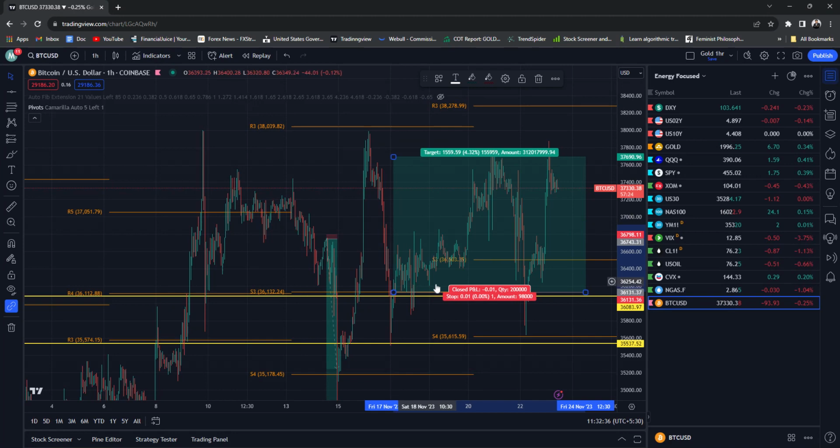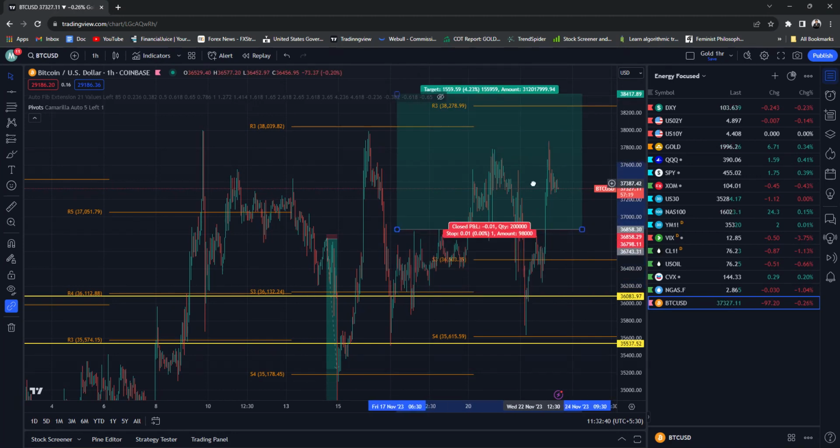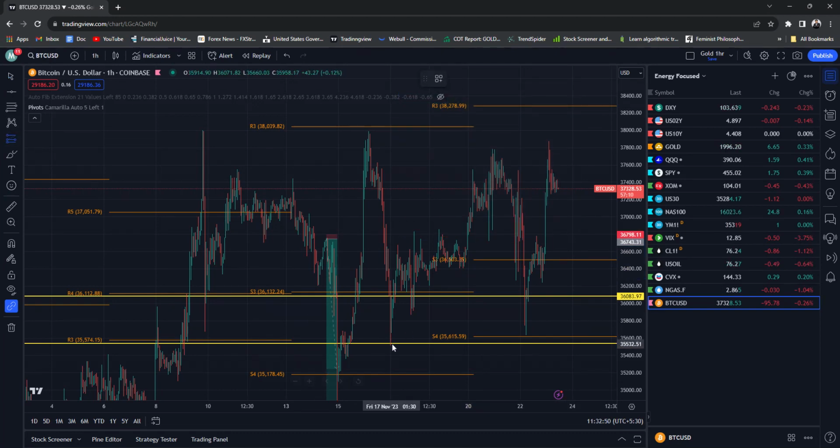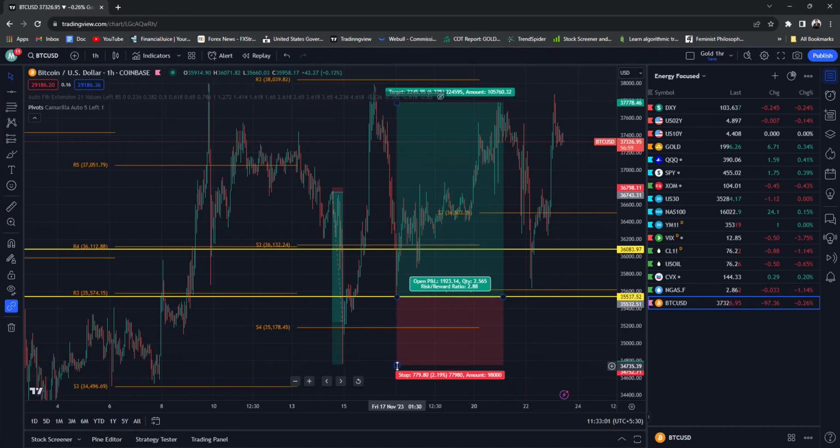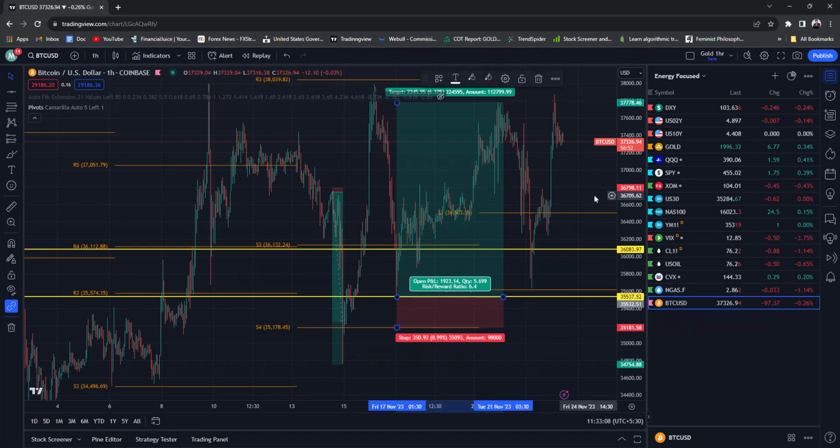So this, yeah, it was a move of 6.2%, and maybe with a stop loss of 1%. So that's a pretty good trade as well.